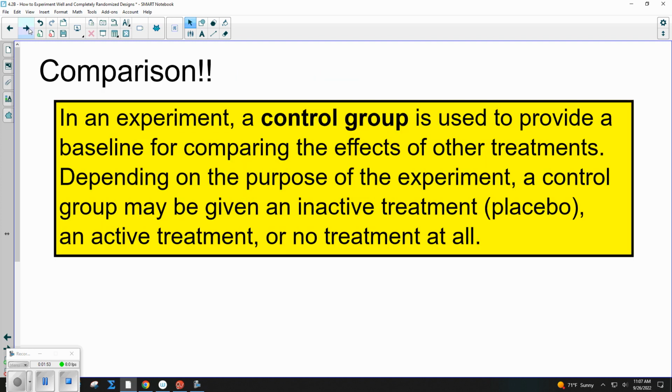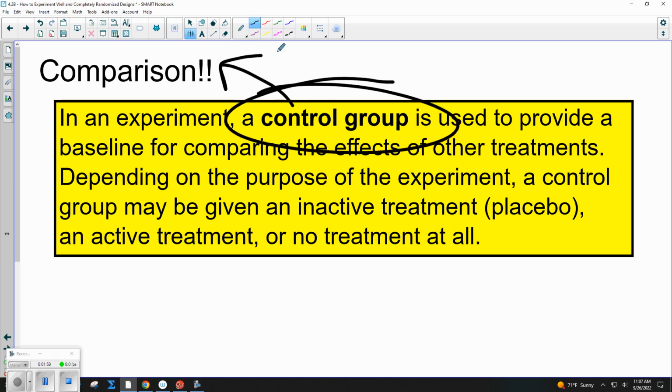The point of a control group, which you might write down, is for comparison. A control group is used to provide a baseline for comparing the effects of other treatments. Depending on the purpose of the experiment, a control group may be given an inactive treatment, such as a placebo, an active treatment, or no treatment at all.